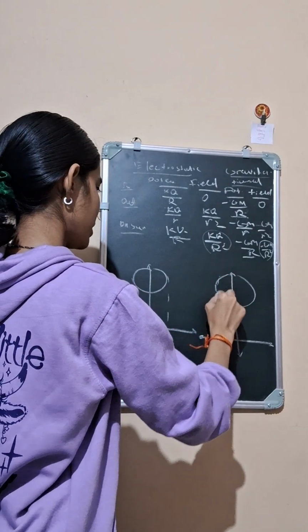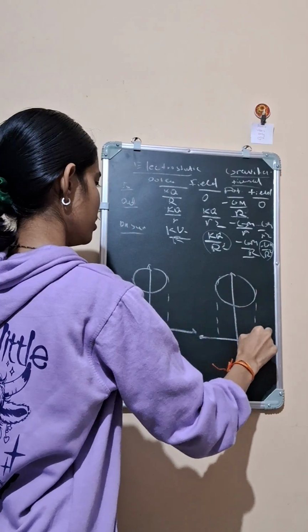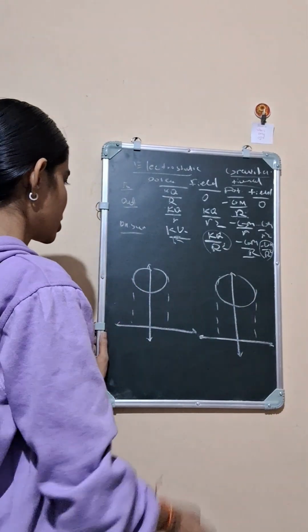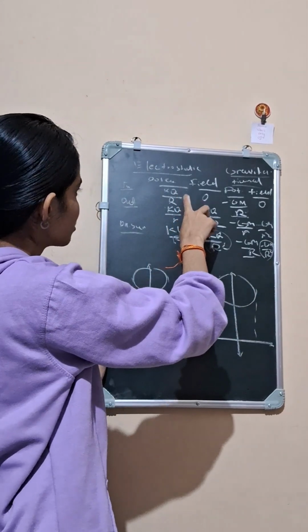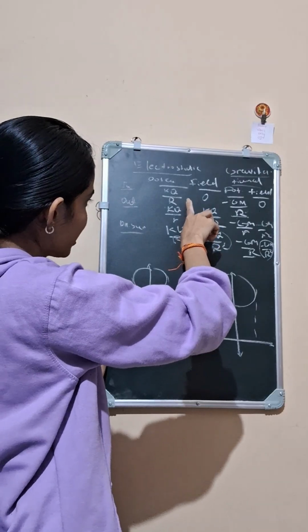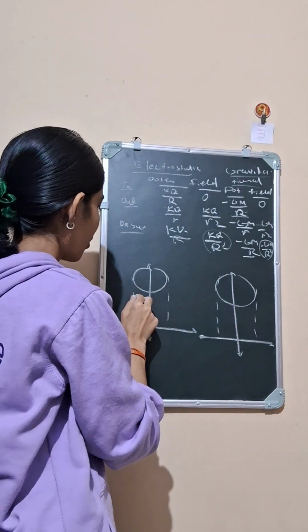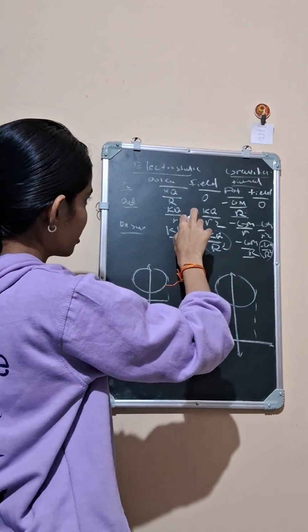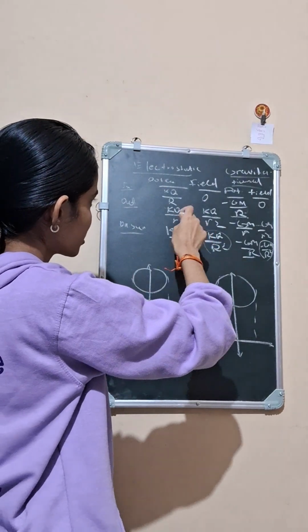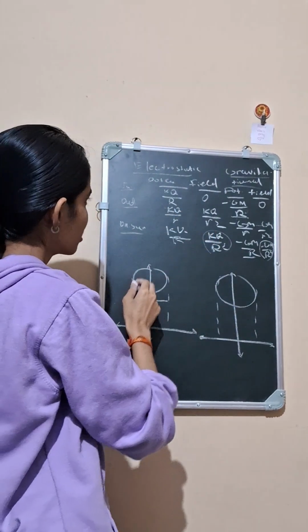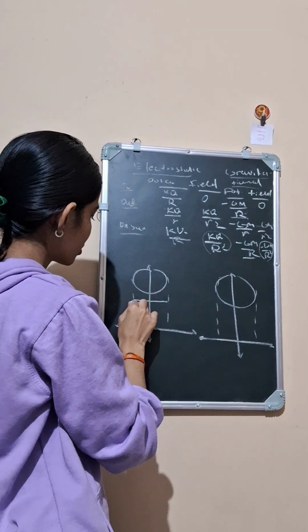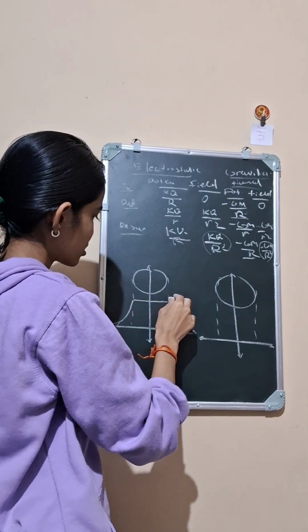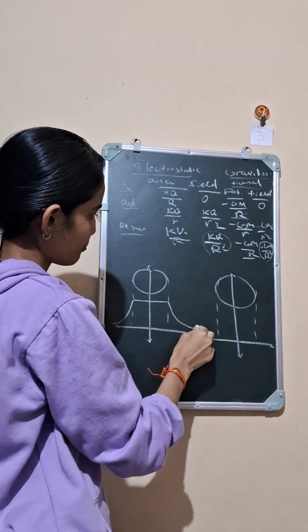So now let's draw for electrostatic potential. It has the maximum value of kq by capital R on the surface and inside the sphere, and the potential decreases with distance and tends to 0 as distance tends to infinity.